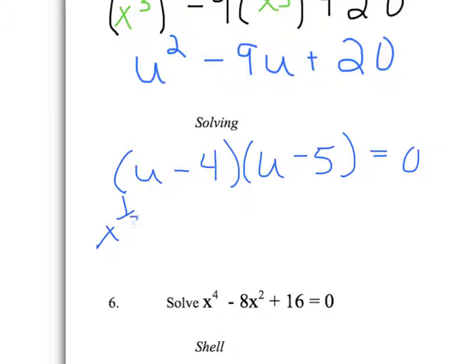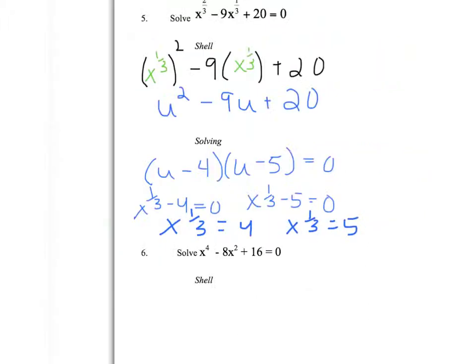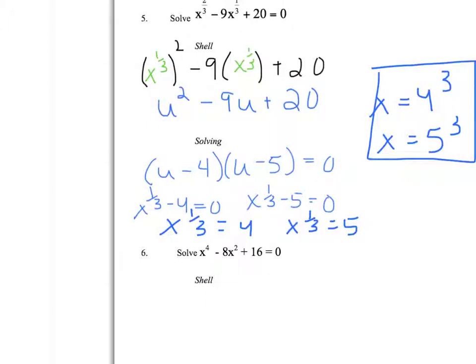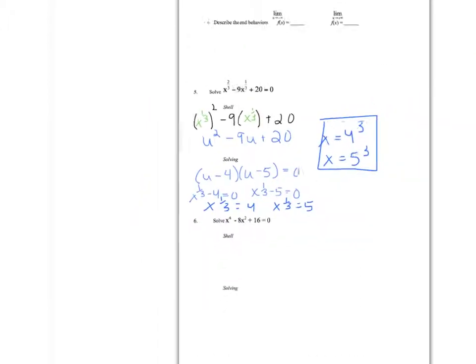Now I need to rewrite these with x to the 1/3, set both of the factors equal to 0 and solve them. So I'm going to add 4 and 5 over, and then I'm going to cube both sides of both equations. So my answers are x equals 4 cubed and x equals 5 cubed. So 64 and 125.